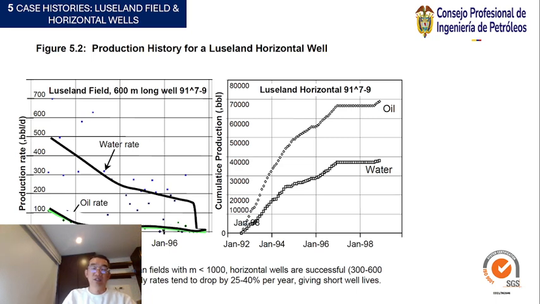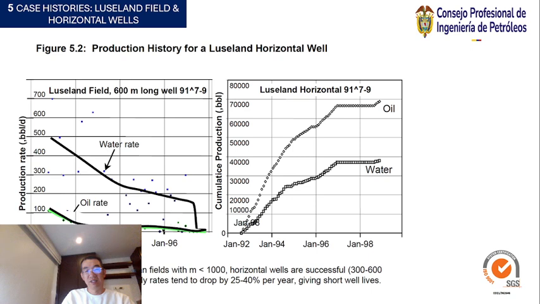This figure is 5.2, production history for a Luseland horizontal well. We can see in this picture for the horizontal well that most of the production occurs in the first year, and the life of the horizontal well remains more or less 4 years.